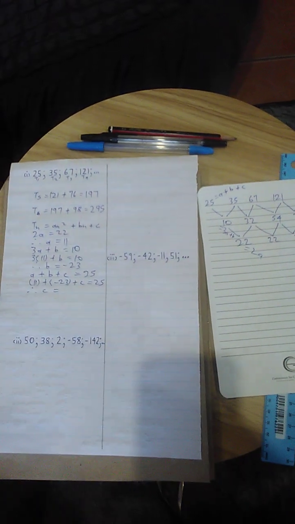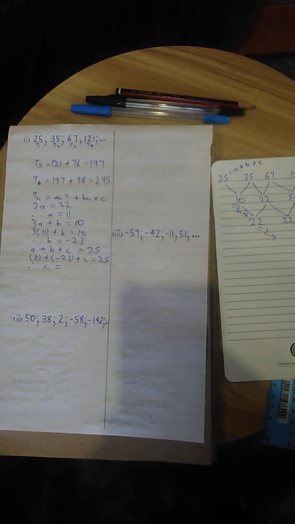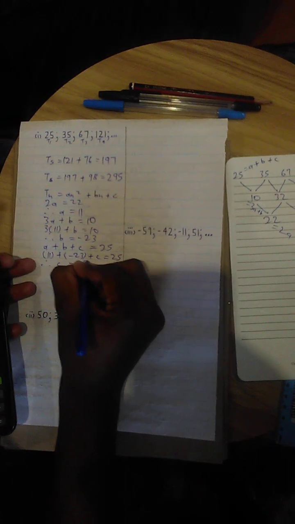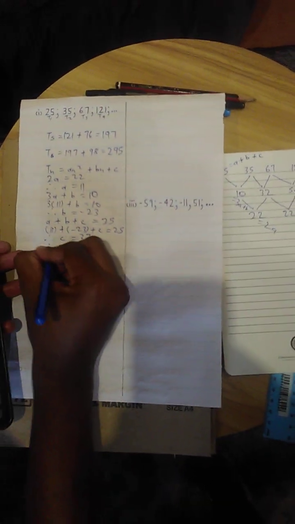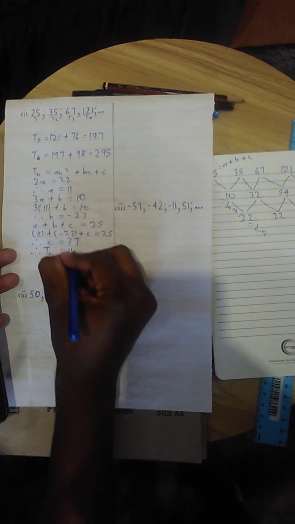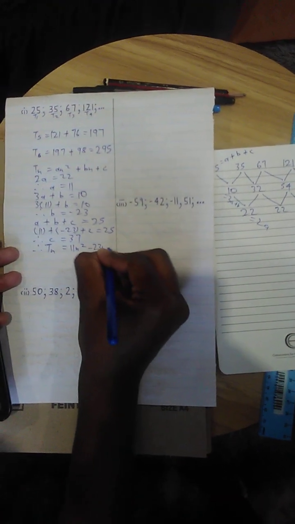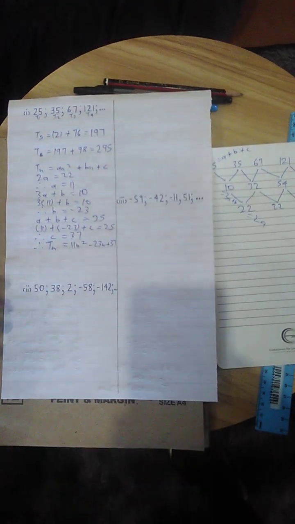C is 37. So what we get is Tn is 11n squared minus 23n plus 37.